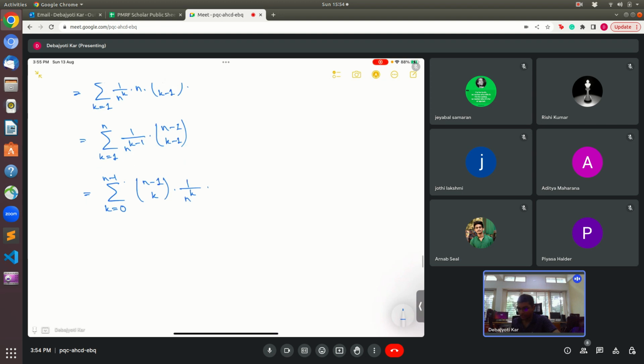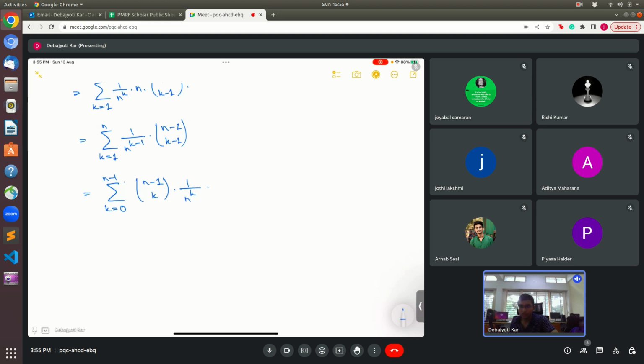Instead of varying k from 1 to n, we are varying k from 0 to n minus 1, and here in this expression we are replacing k minus 1 with k. So here we have 1 by n to the power k minus 1, which becomes 1 by n to the power k, and here we have n minus 1 choose k minus 1, which becomes n minus 1 choose k.